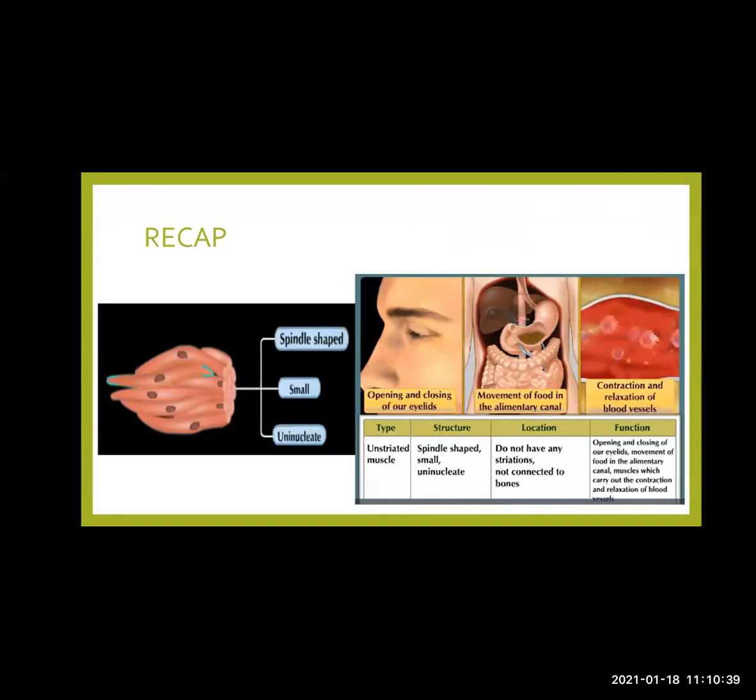They do not show any type of striations and are not connected to the bones, but are present in the inner lining of internal tissues. Functions are opening and closing of eyelids, movement of food in the alimentary canal, and contraction and relaxation of blood vessels, urinary bladder, and all the tissues inside.